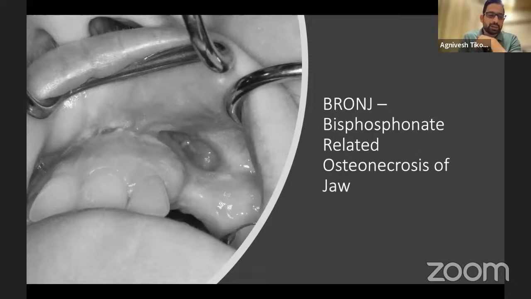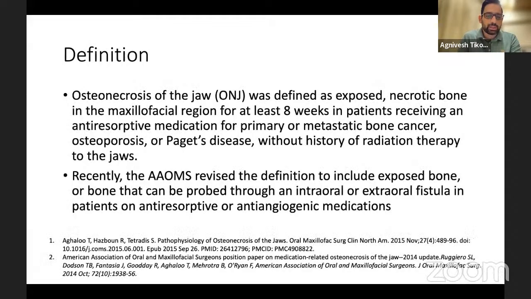So patients after 3 to 4 years of alendronate therapy should undergo a dental checkup once every 6 months or as per clinical indication to evaluate this. Usually these things are seen more in patients who are on chemotherapy because the oncologists use these medicines in a very high dose as compared to osteoporosis. So you see these complications more often there rather than in the osteoporosis scenario, but you should know these complications.